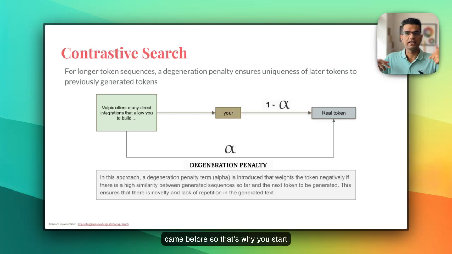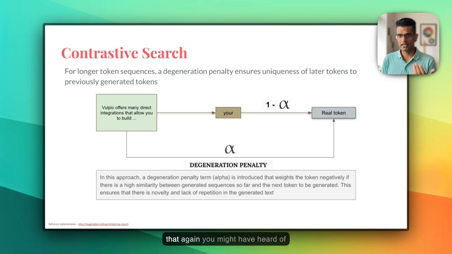That's why you start getting repetition. So you introduce a parameter called the degeneration penalty. You start manipulating its value so that the tokens generated in the future are quite different from the tokens that came before. So you are manipulating the probability value of these future tokens based on the previous tokens, as a way to distinguish them and make them more unique.